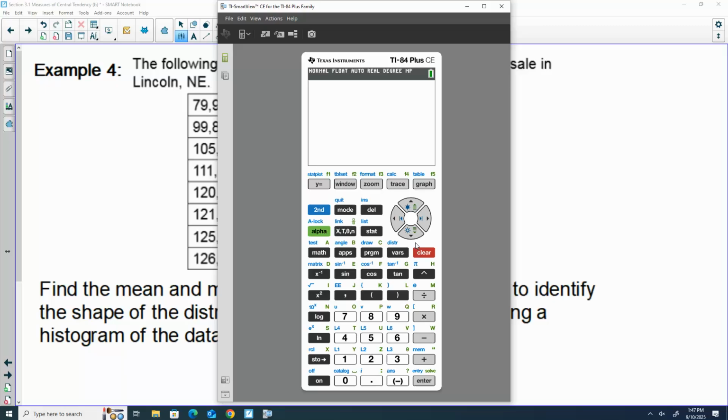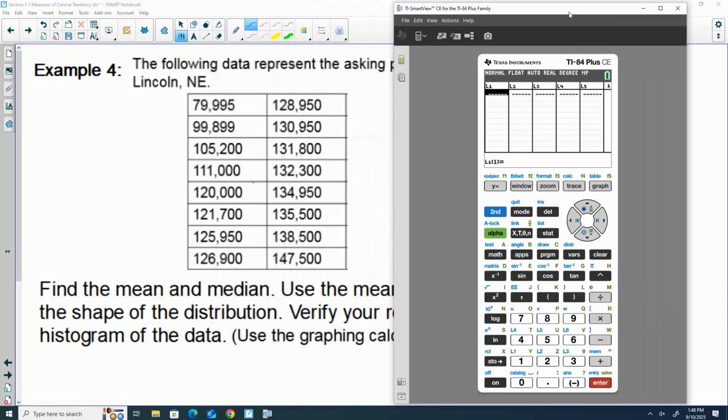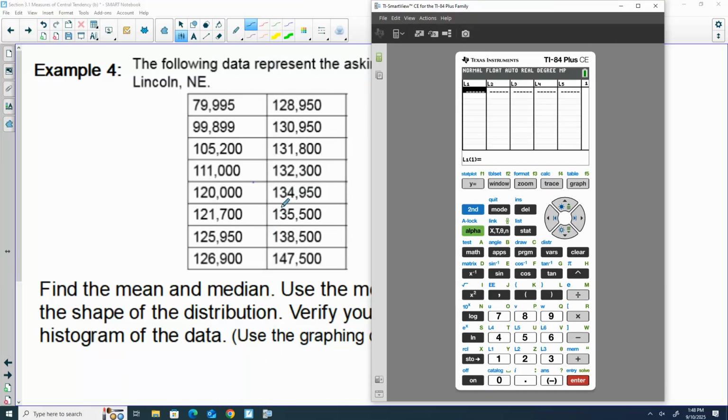We are going to go into, just like when we did the box plots, remember we entered data in the L1. So I'm going to go there. I'm going to Stat, Edit, List 1. Do not delete the list; highlight it, hit Clear, Enter. And I want you to put all of these points in that first column. So even though this table is 2 columns, it all goes in the first one.